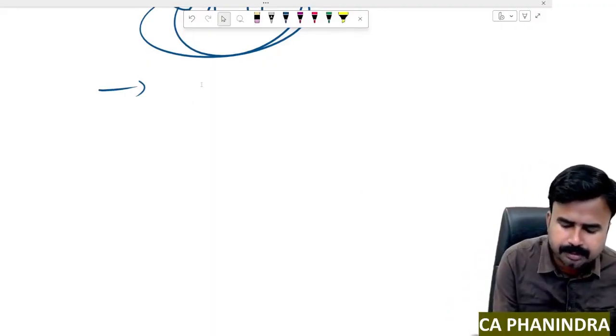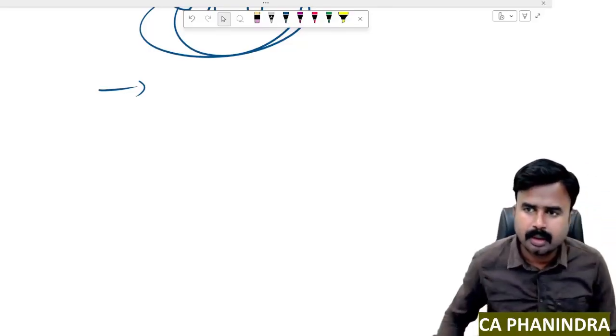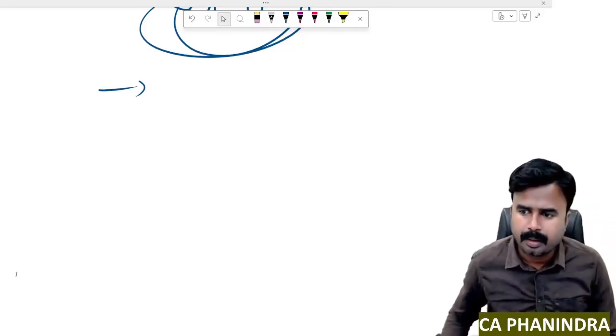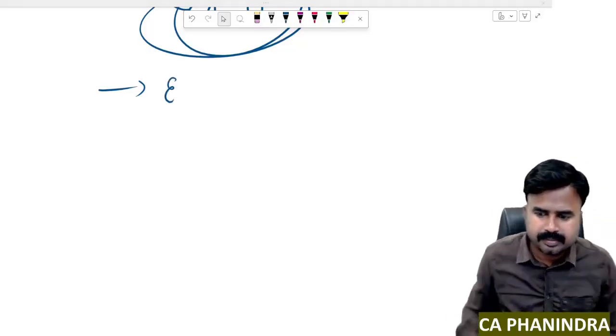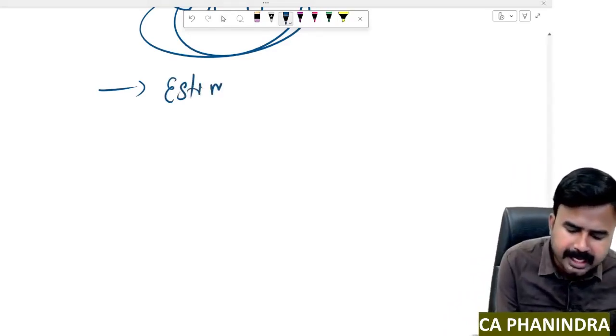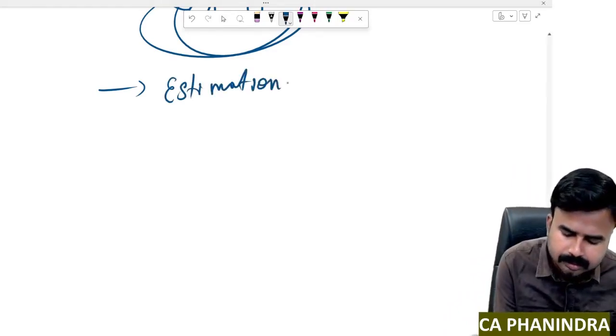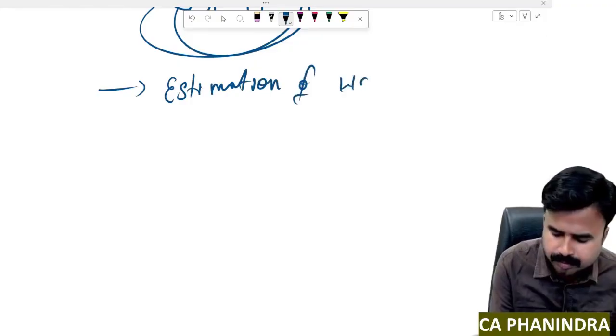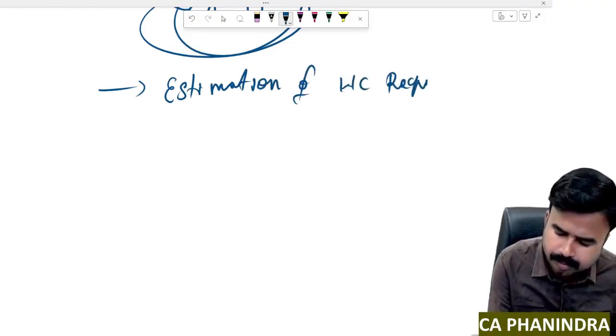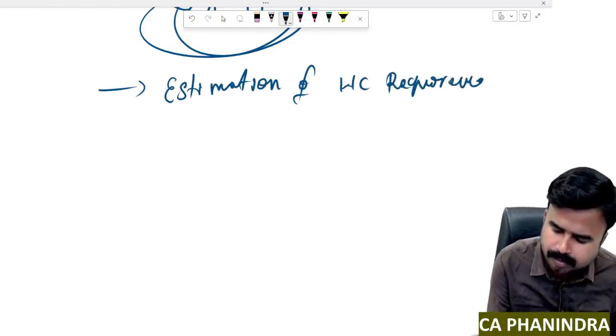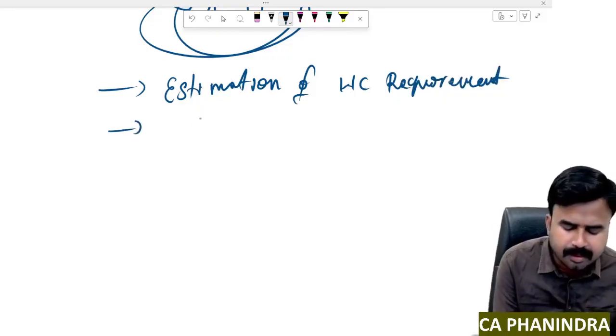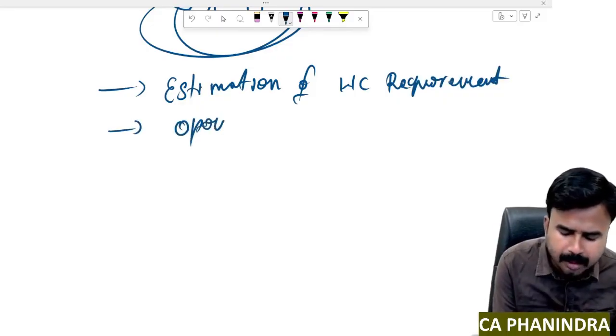Second one, operating cycle computation.